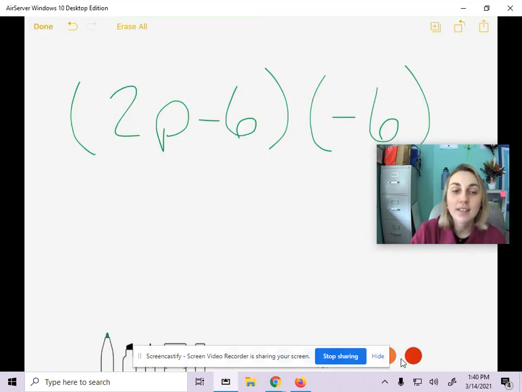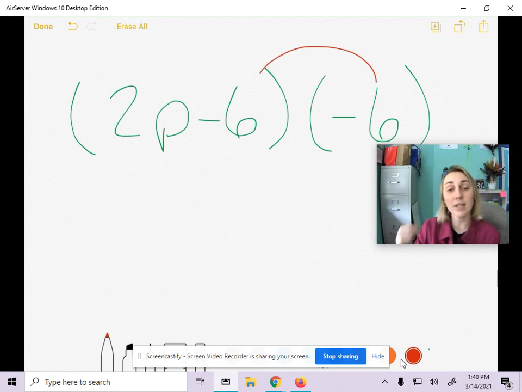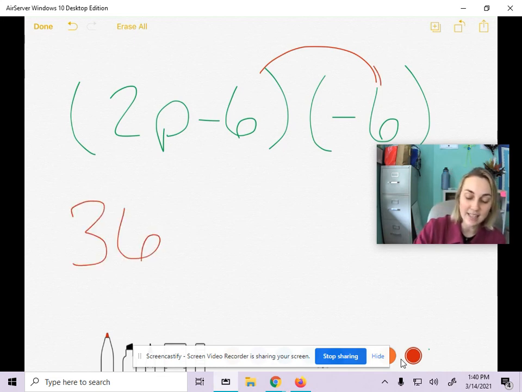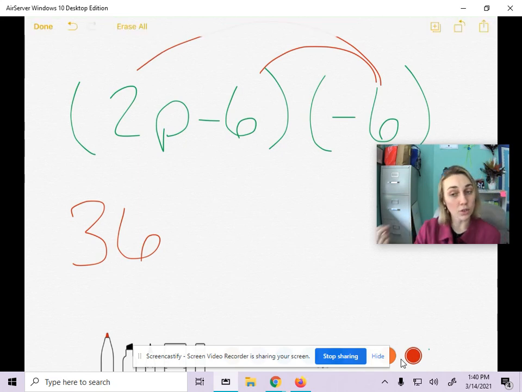Alrighty. So this is the very last one I'm going to do. Again, you're going to take the outside number and multiply it by everything inside the parentheses. So we have a negative 6 times a negative 6. Remember, a negative times a negative is going to give us a positive number, so negative 6 times negative 6 is a positive 36. And then negative 6 times a positive 2, because the operation in front of that is positive 2, is going to give us a negative number.